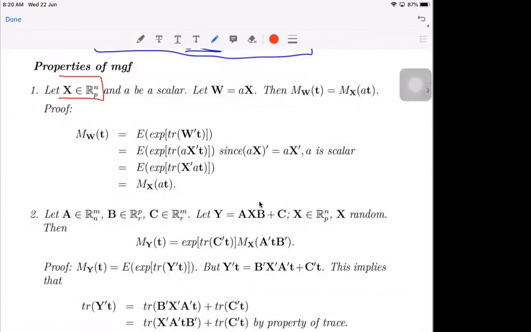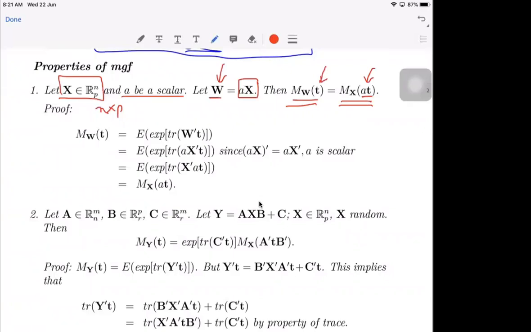If you have an x, which is n by p, and a is any scalar, and we do a transformation on x to be equal to a times x, we call that random matrix W. Then the moment generating function of W is just equal to the moment generating function of X, except that it will be at at.